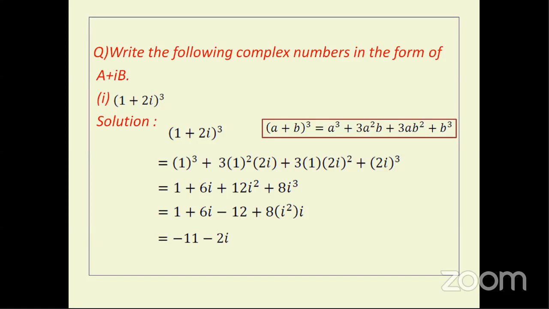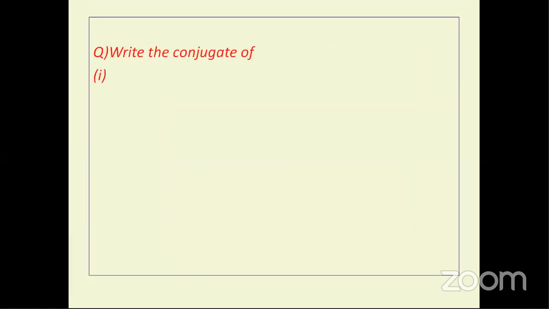Whatever the problem may be, the first and foremost thing you need to take care of in complex numbers is to see to it that the denominator of the given problem doesn't have i. A very important point to be noted in this chapter. Then we'll see how to write the conjugates of the given complex numbers, as I was discussing.